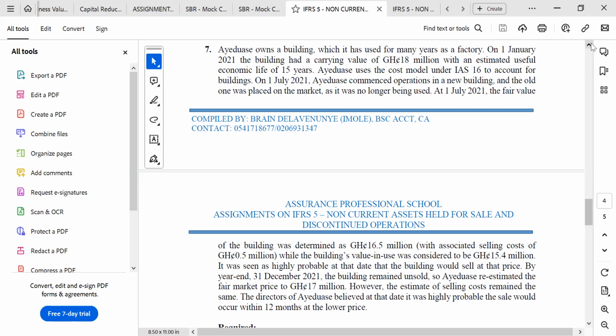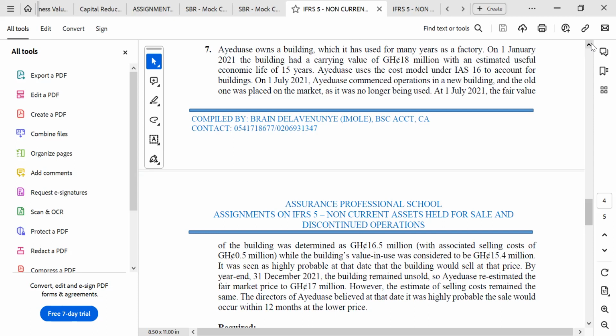At 1st July 2021, the fair value of the building was determined as 16.5 million Ghana cedis, with associated selling cost of 0.5 million Ghana cedis, while the building's value in use was considered to be 15.4 million. It was seen as highly probable at that date that the building would sell for that price.